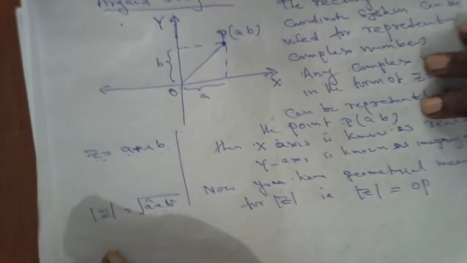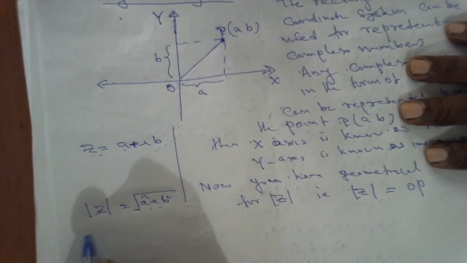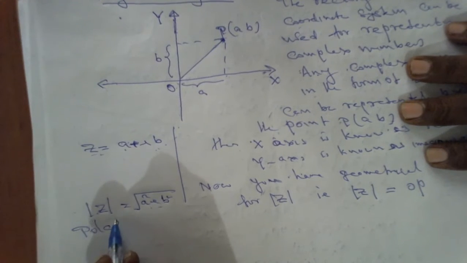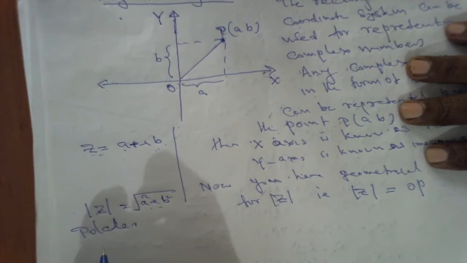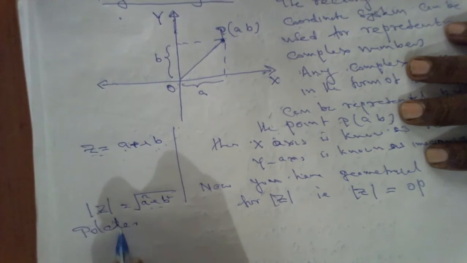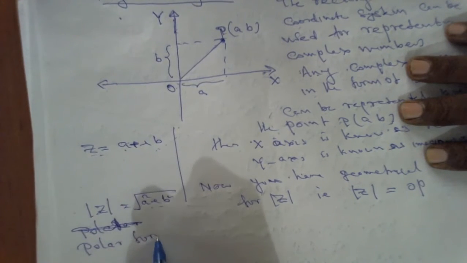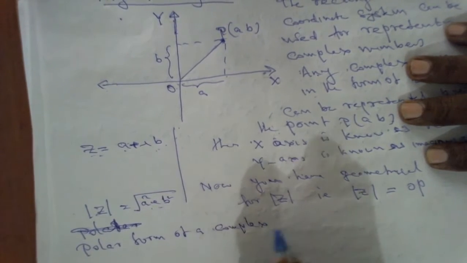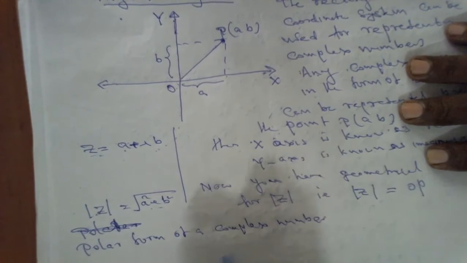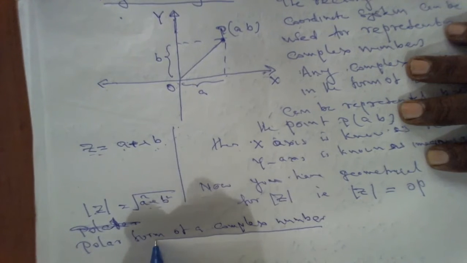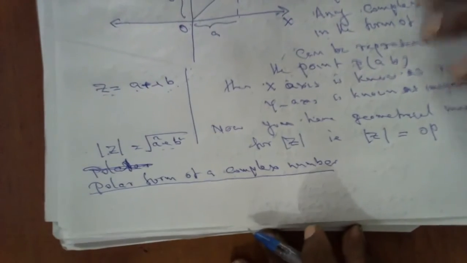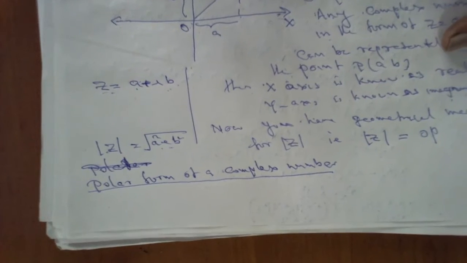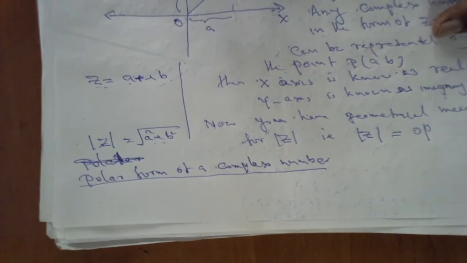What is the polar form of a complex number?